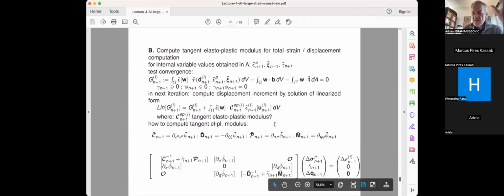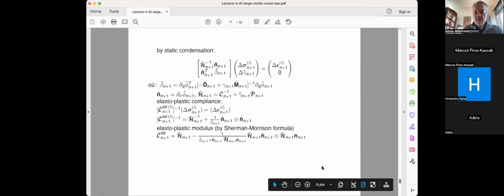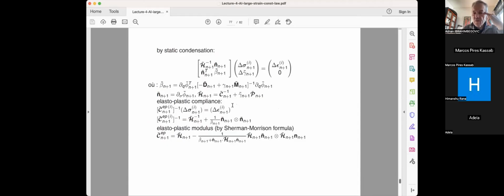So what I need is the elastoplastic modulus, which is the ratio between increment of stress and increment of strain. But here I have it upside down. So I do a condensation of these two equations. From this one, I can express delta Q. From this, I can express delta gamma. So I first kick out delta Q, then I reduce delta gamma. That leads to something very well known in computation, called the Sherman-Morrison formula.